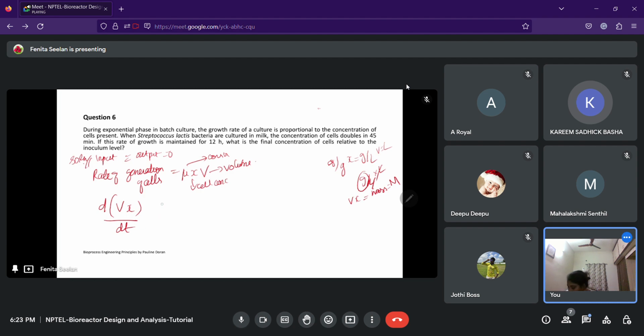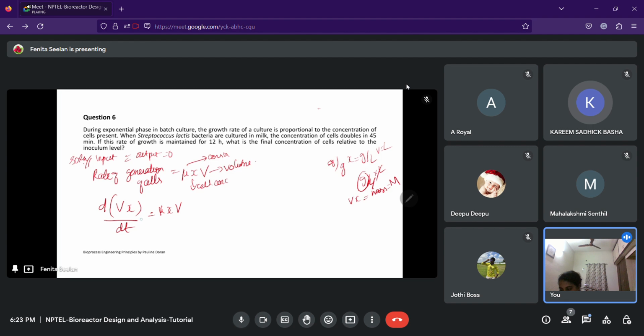So differentiating mass with respect to time, d(VX)/dt equals mu X V. How can we differentiate it? As you know, the volume is going to be constant throughout the batch reactor, because we are not going to add anything inside and we are not going to remove anything until the batch reactor comes to an end. So there is no change in volume.